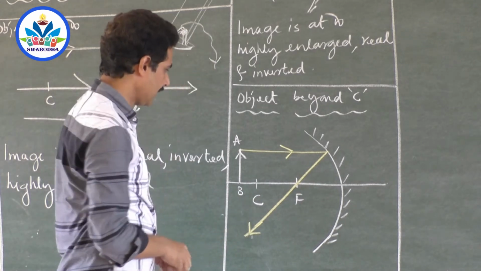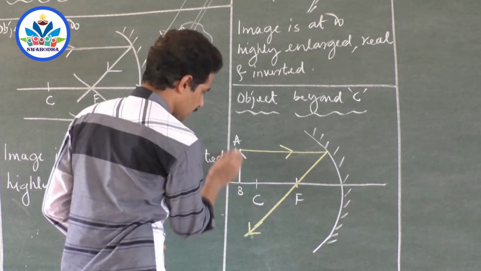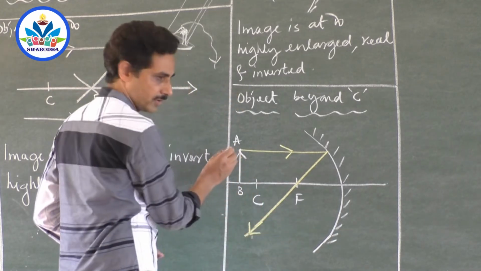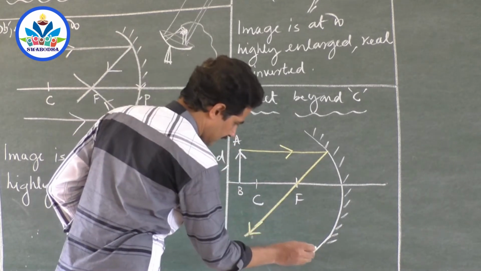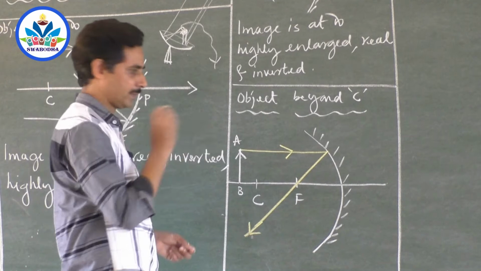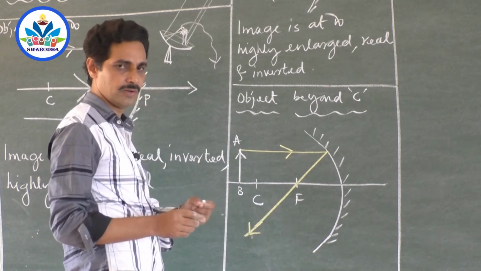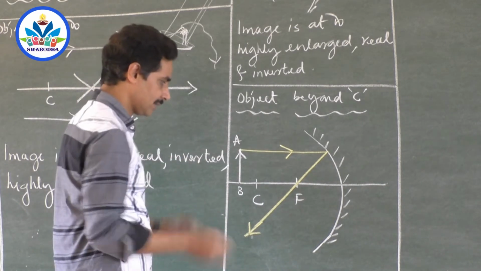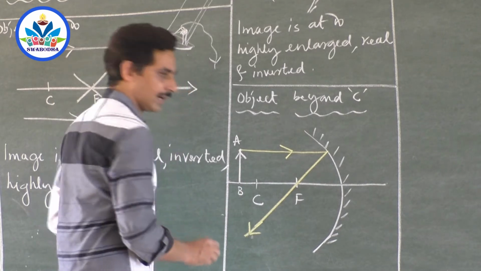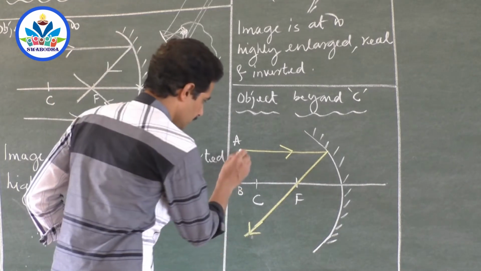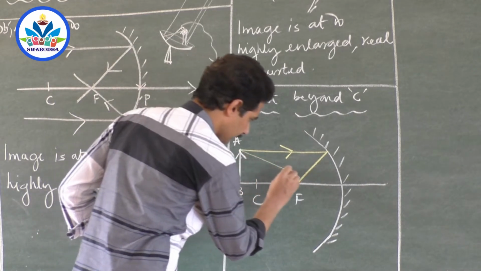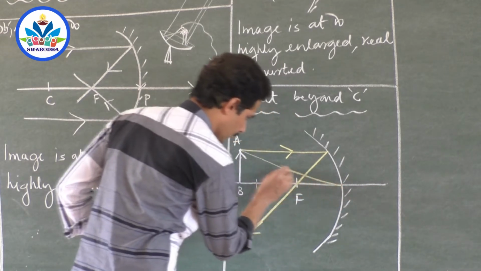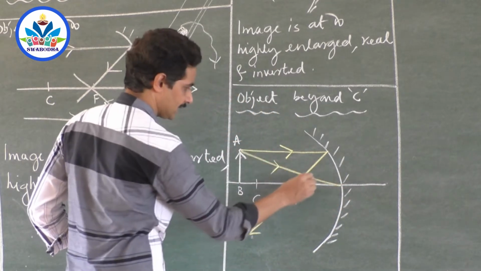Now let me consider another ray of light which is incident. Of course you can pass it through center also, that is also possible. Pass a ray of light through the center, it gets reflected back in the same path. But we will follow the ray which is in the NCERT syllabus, so that you can write the same answer in the exam also. Make a ray of light to fall onto the pole at some angle. Of course this is the angle of incidence.